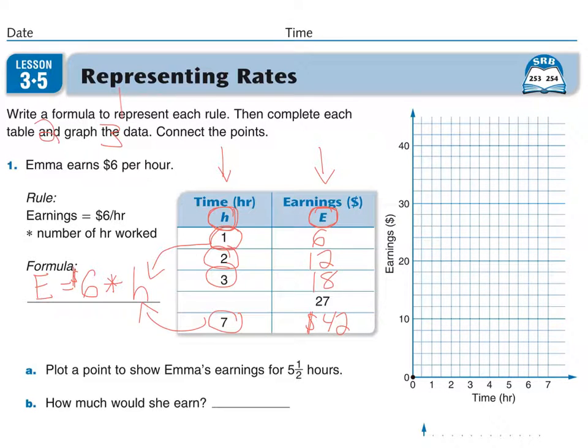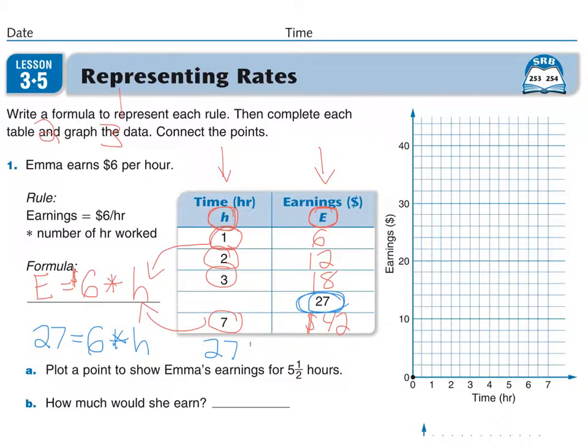Now for this one here, it gets a little bit trickier when I look at this 27. What I'm going to have to do is plug it into the equation in a different spot, because now I have my earnings. So I'd have 27 for my earnings equals 6 times h. So I'm asking myself, what number times 6 gives me 27? To figure that out, I can work backwards and divide.